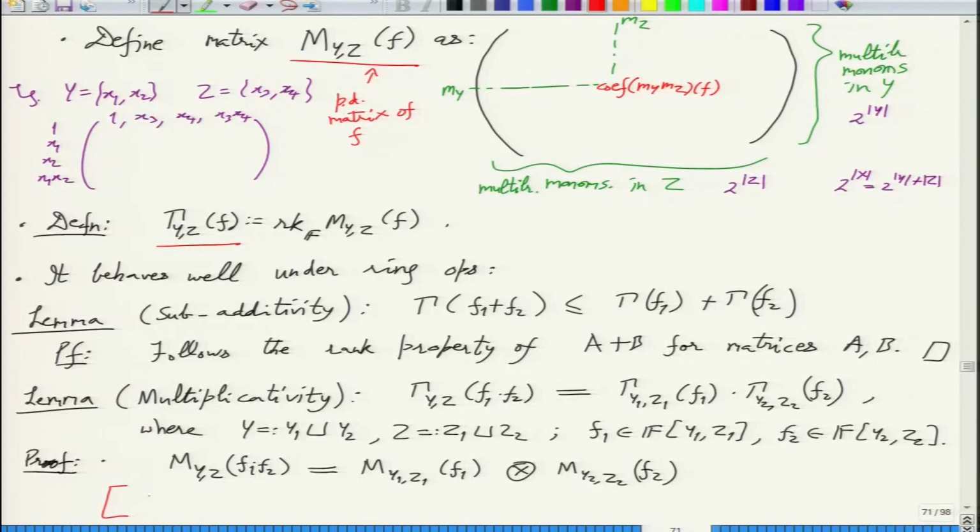So in general, the tensor product of matrices is defined as follows.